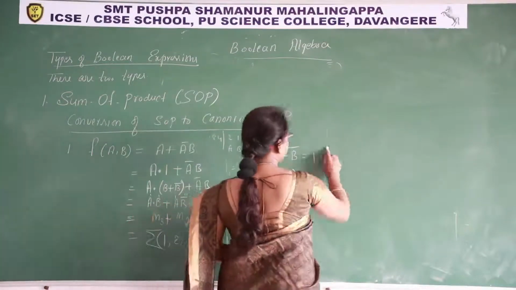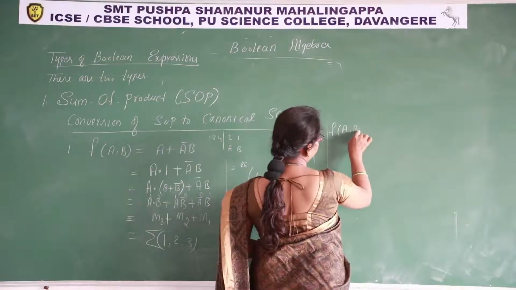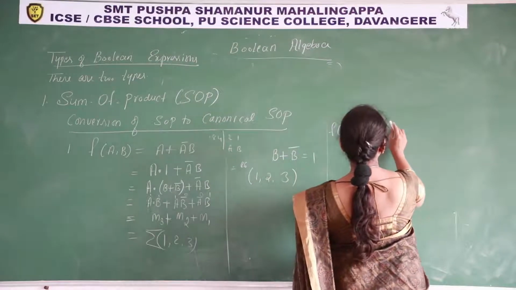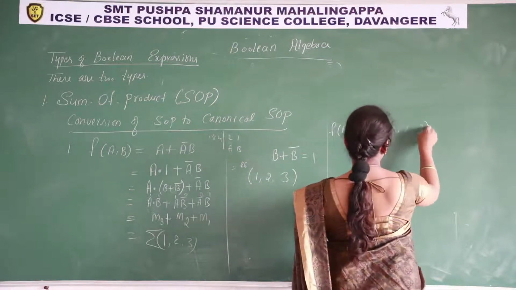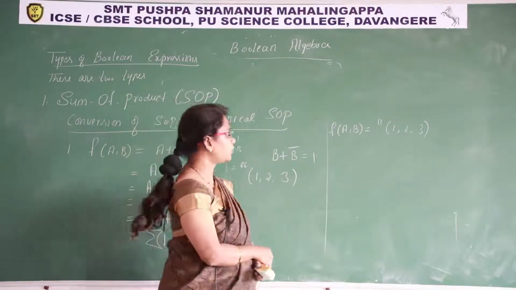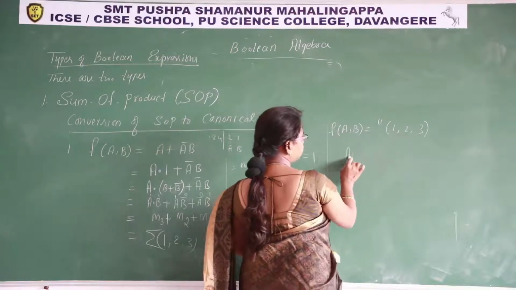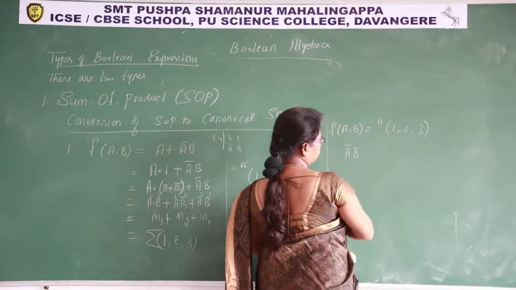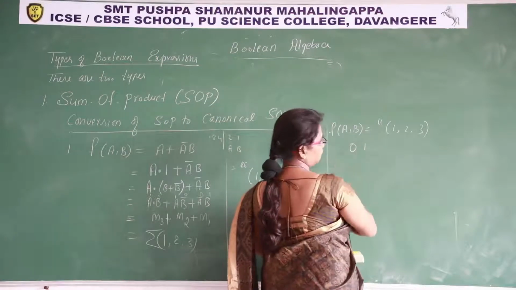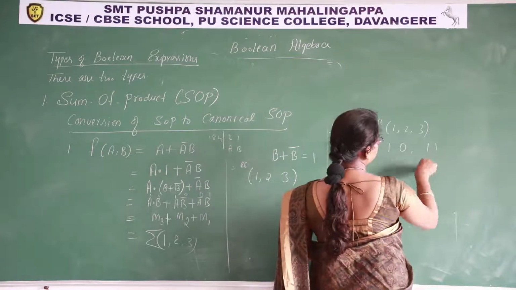Suppose the question is like this: f of a comma b is equal to double quotes 1 2 3. Write its canonical expression. How to write? Variables are a b. 1 is a bar b. How to write 1 in 2-bit binary? 0 1, and 2 is 1 0, and 3 is 1 1.